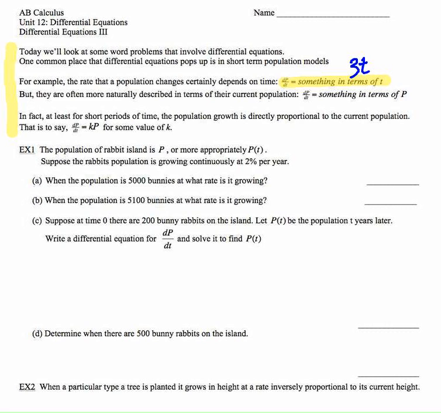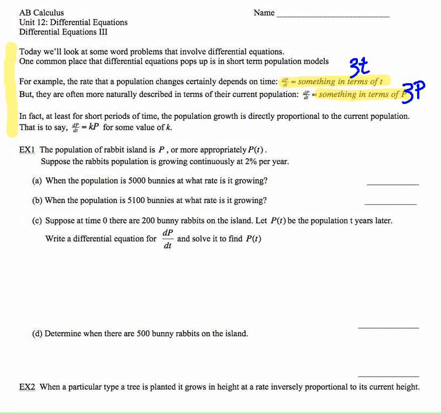And then sometimes you'll see it in terms of p, which simply means that you would have perhaps 3p. So the larger the population, the larger the rate. Population growth is directly proportional.